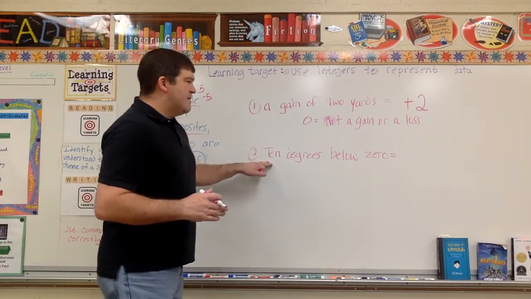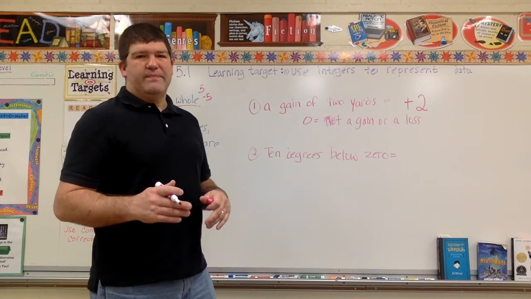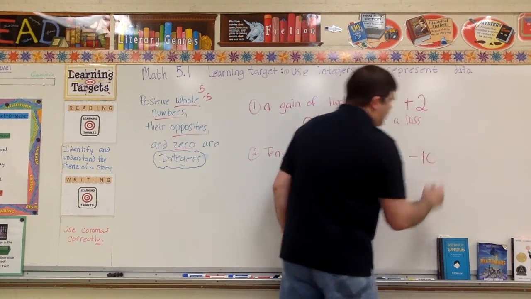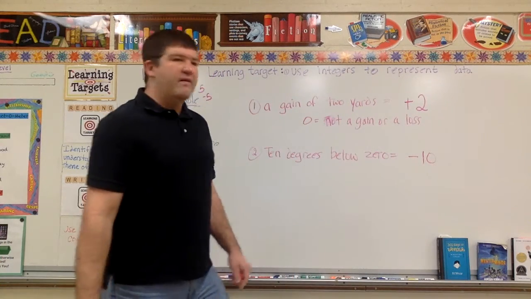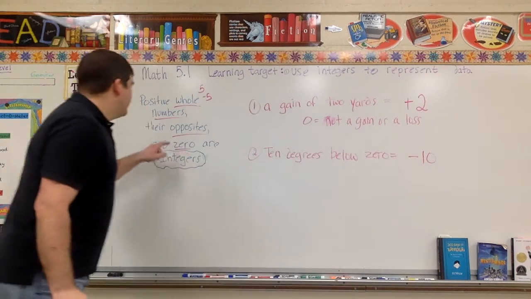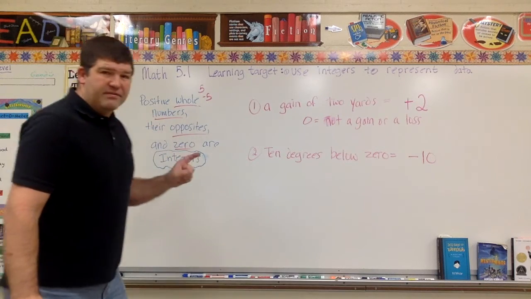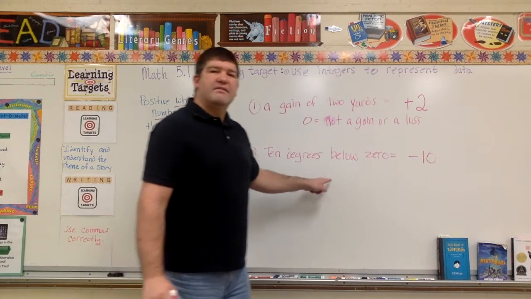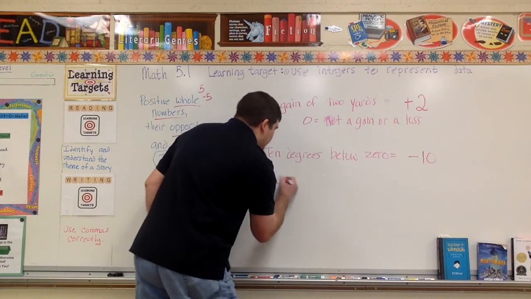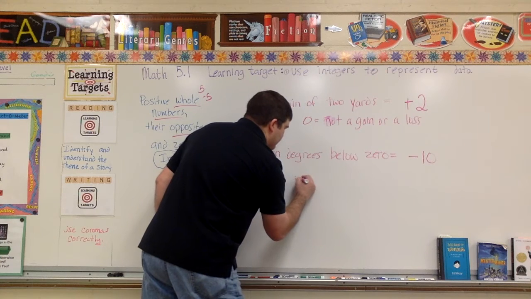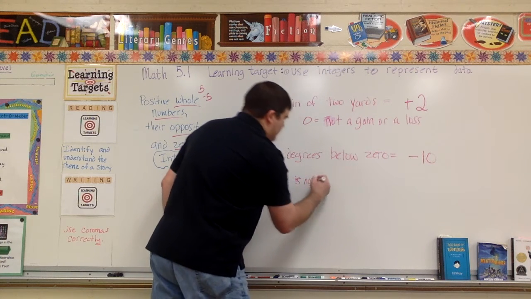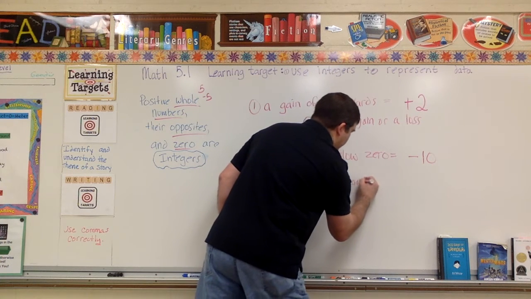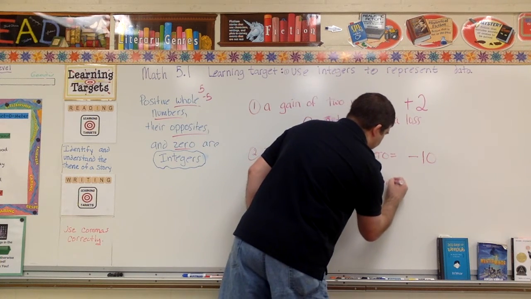All right, let's look at this. 10 degrees below 0. 10 degrees below 0, -10. I've used an integer, which can be negative, to describe 10 degrees below 0. How does this relate with 0? Well, 0 is not above or below.